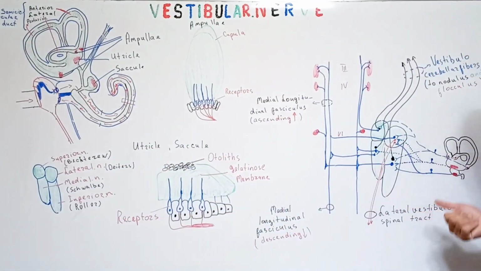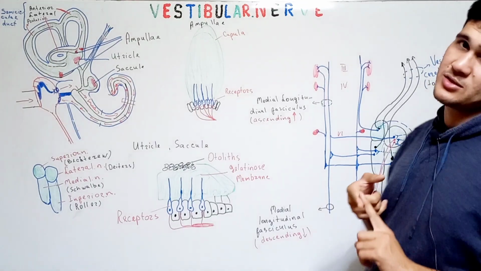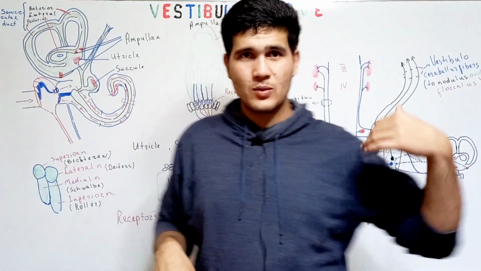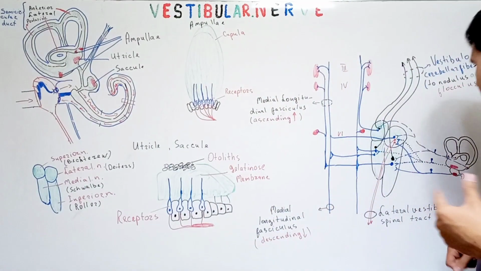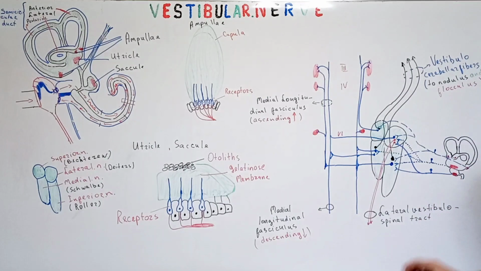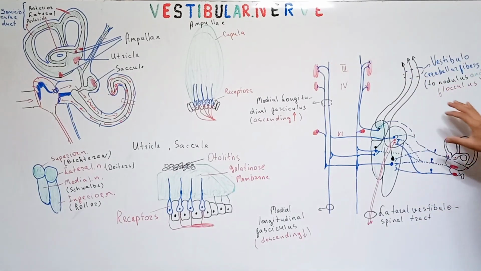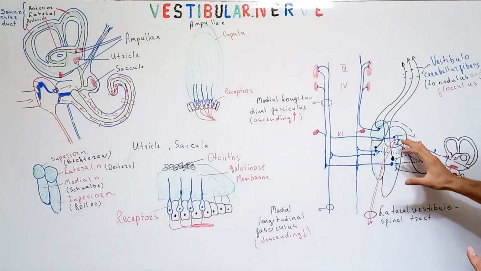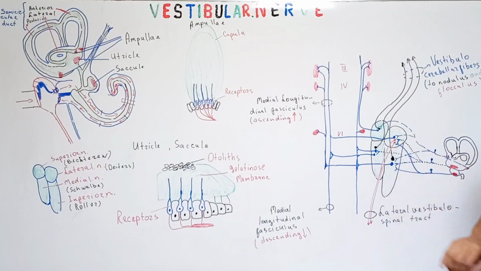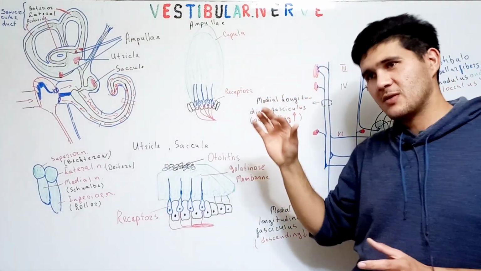Now, there are fibers that connect with other structures of the brain, and in this illustration I will try to give you some straightforward information. First of all, look at that, there are vestibulocerebellar fibers, and except for the lateral nucleus, the other three nuclei send information to the cerebellum about the position of the head.